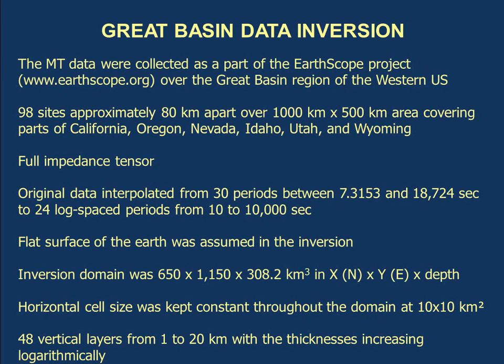So we are hoping that by introducing those distortions, we can get away with flat surface, and it's like we did get away with the flat surface inversion here. So here's the size of my inversion domain. The horizontal cell sizes are 10 by 10 kilometers, and they have 48 vertical layers, changing logarithmically from 1 kilometer to 20 kilometers depth.